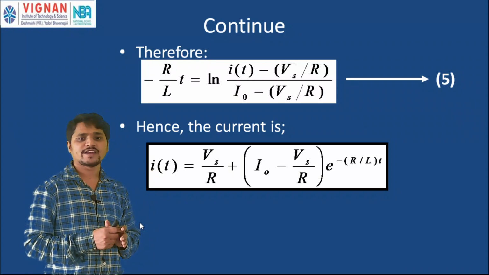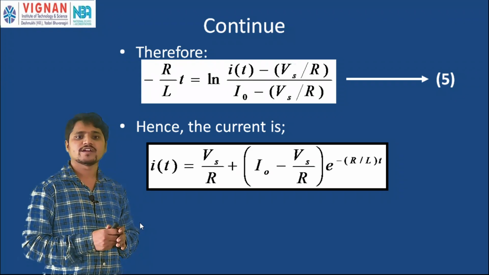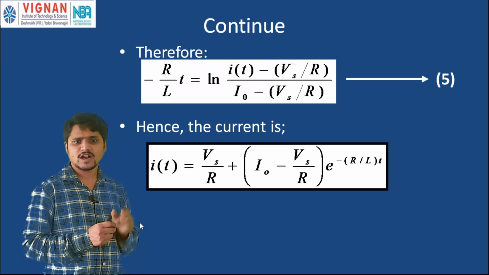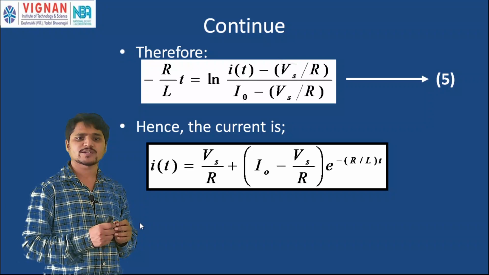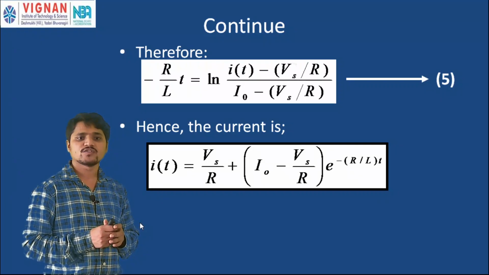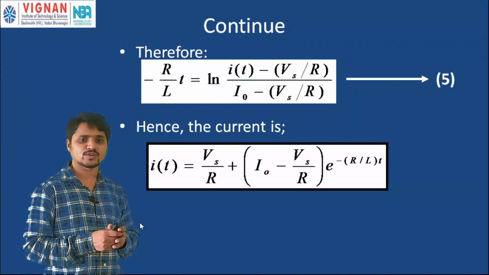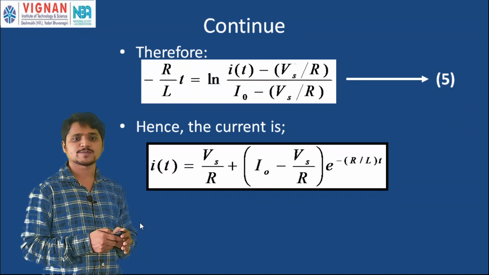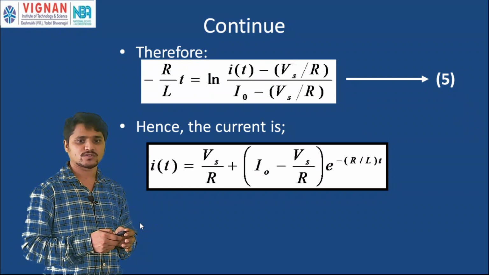Now keep i of t on one side and bring i naught minus Vs by R to the other side. Therefore you will get i of t equal to Vs by R plus i naught minus Vs by R times e to the power of minus R by L into t. So this is the step response of the RL circuit.